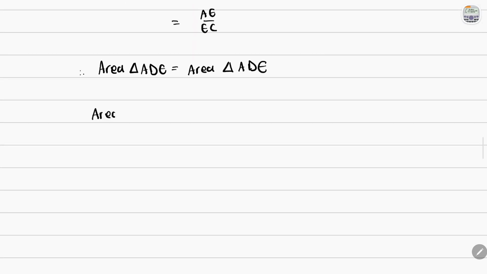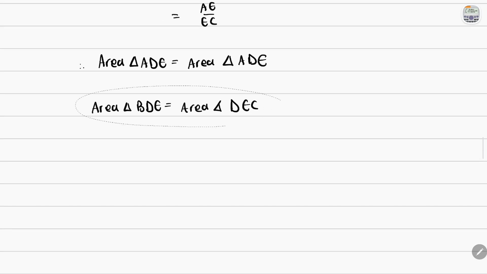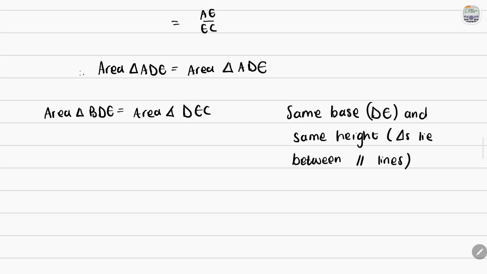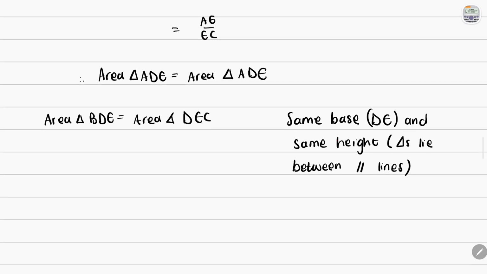So we'll tell them that the area of triangle BDE is equal to the area of triangle DEC. And they're equal because they have the same base and they're between parallel lines, so they have the same height. They have the same base DE and they lie between parallel lines, so their heights are also the same.